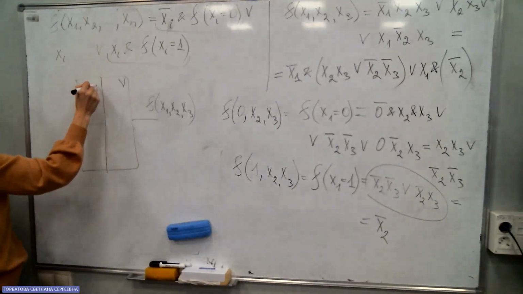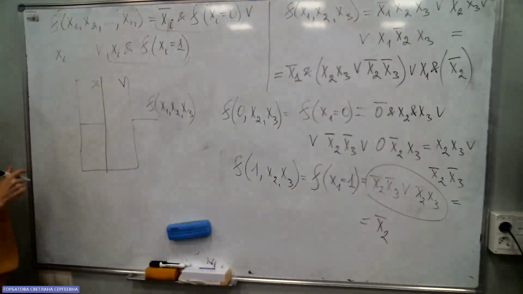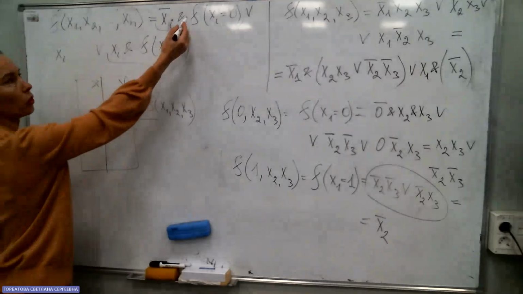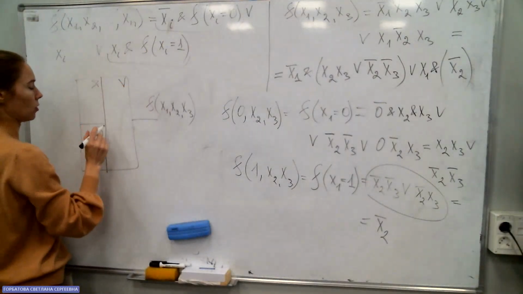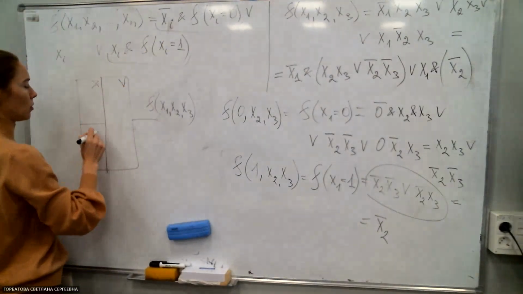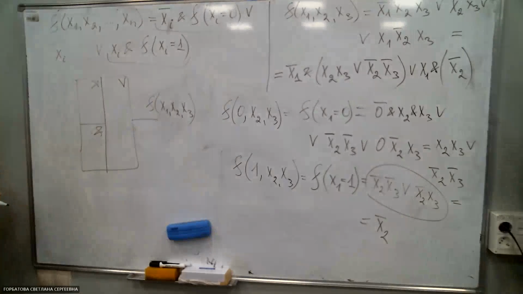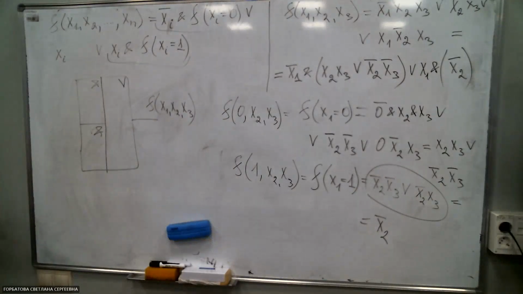So here will be a conjunction, and here will also be a conjunction. How many inputs?